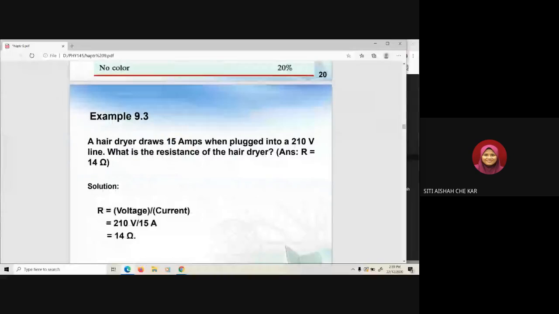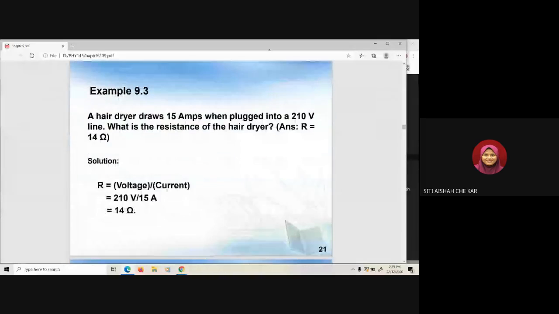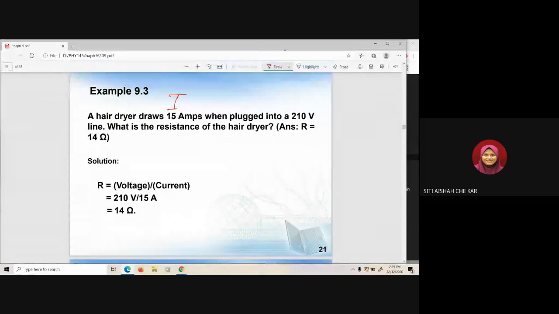Okay, this is example 9.3. A hair dryer draws 15 amps when plugged into a 210 volt line. So this is I, this is V. What is the resistance R? So use the second formula.